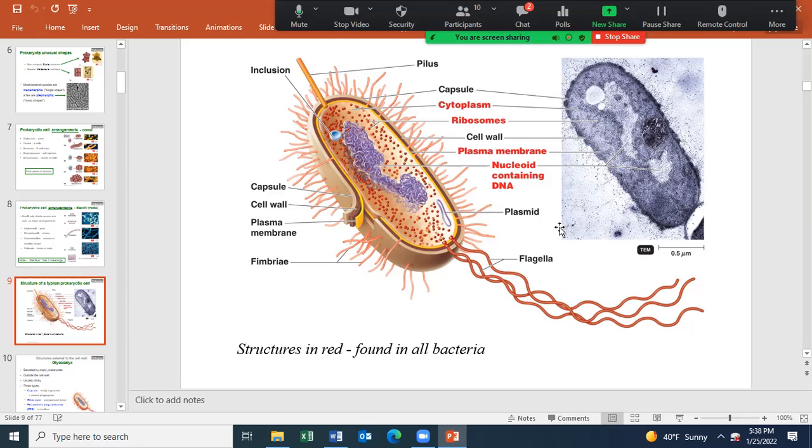There are some other parts to bacteria that some cells have, but not all bacteria have, like the capsule, a plasmid, a pilus, inclusions, a capsule, a cell wall. Most bacteria do have a cell wall, but there is one genus that does not have a cell wall.